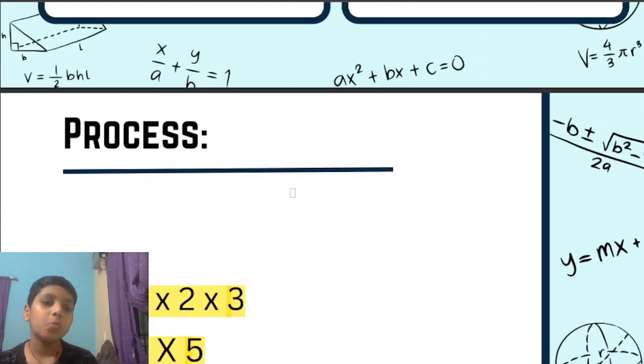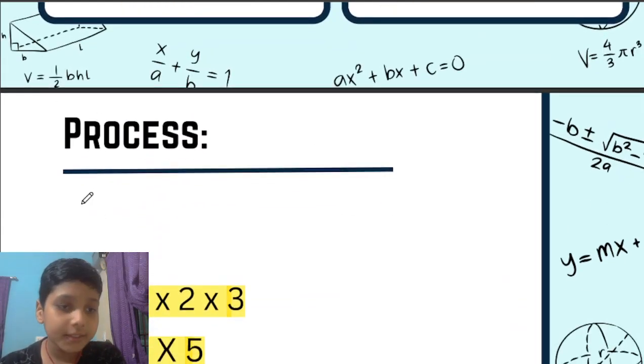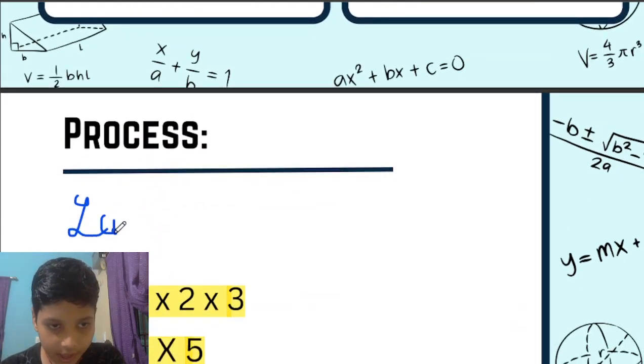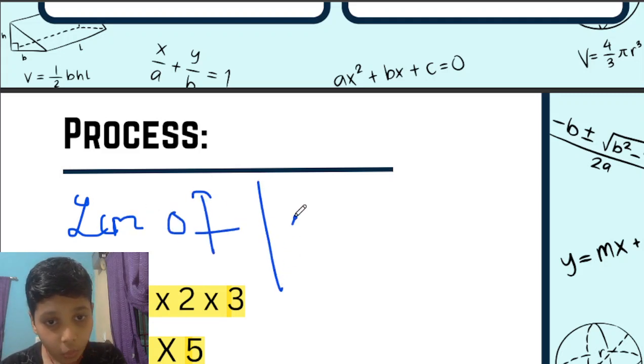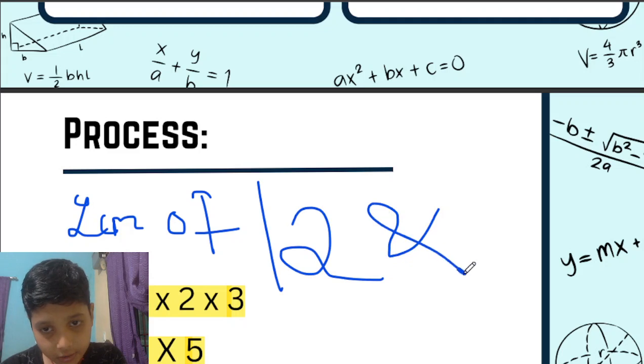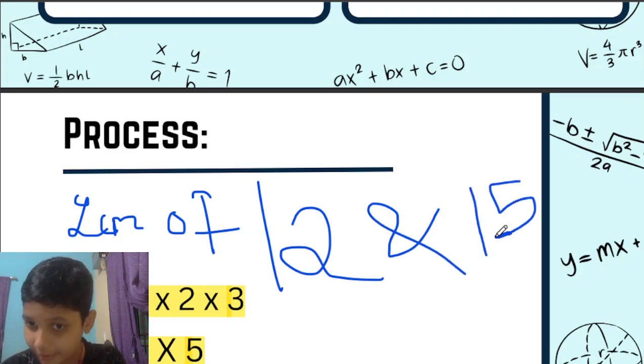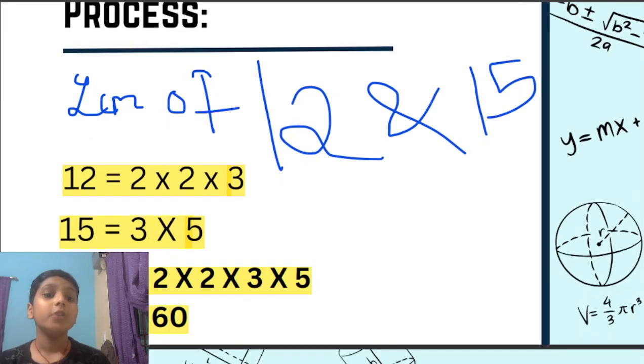See, this is where we find the LCM of 12 and 15. In big letters I have written that this is the LCM of 12 and 15. Check out step 1 and then we're going to do it.